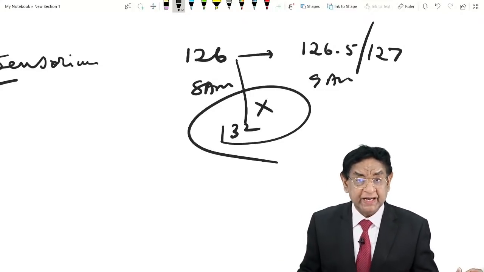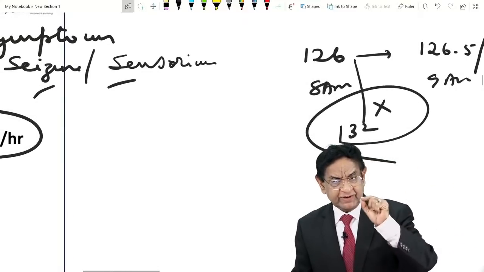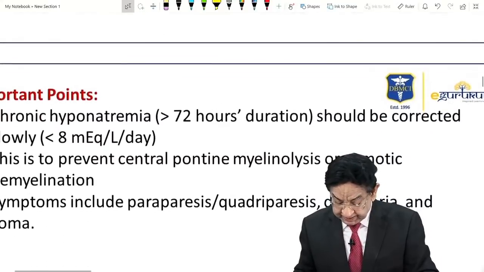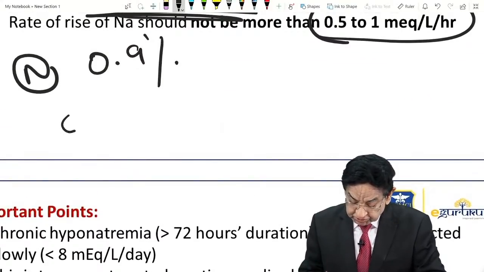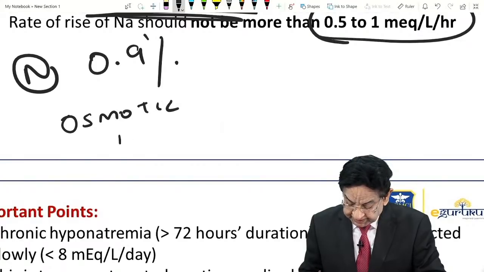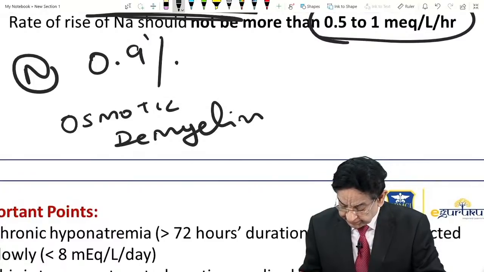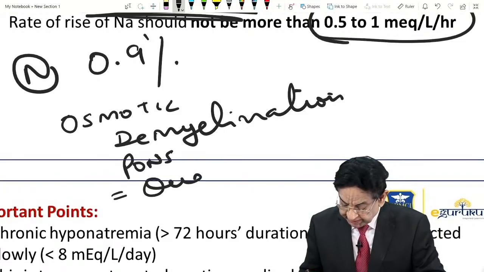But why spend so much time emphasizing that don't give fast? Because if you give rapidly, it can lead to osmotic demyelination of the pons, and the patient will develop quadriplegia.